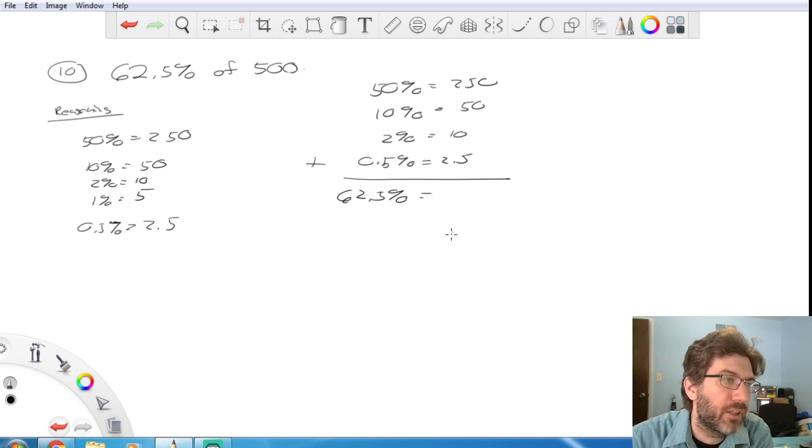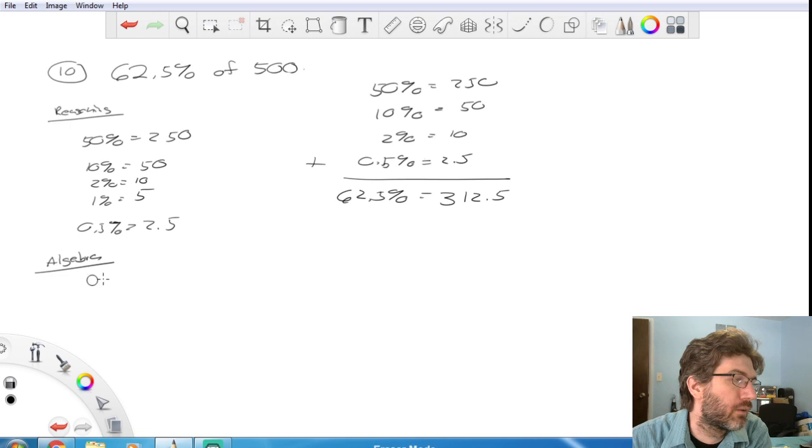And then over here, I just add them up. That's 300, 310, 312.5. That should be your answer for reasoning. Another method would be your algebra, which again would be percent over 100 equals part over whole.